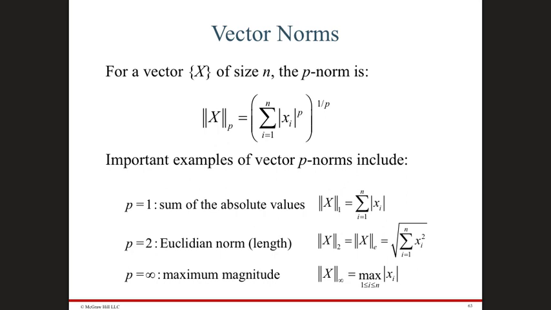There is the Euclidean norm, which is the sum of the squares under the root. There is the infinity norm, or the maximum magnitude norm, which is simply the largest element of the vector. So when you say the norm infinity, it means you go to the vector and pick the element with the largest value, okay?